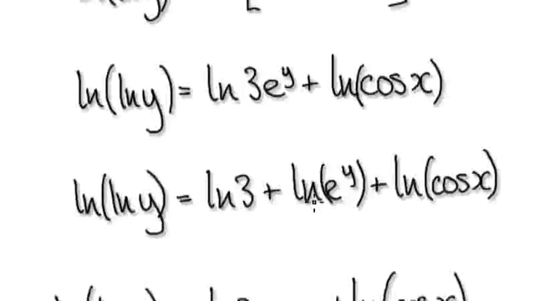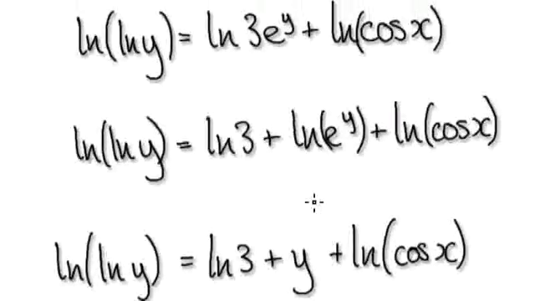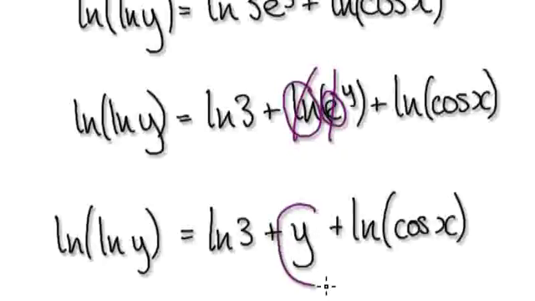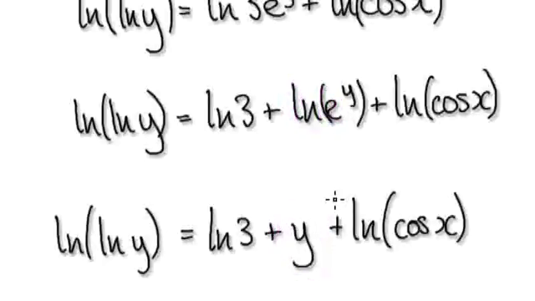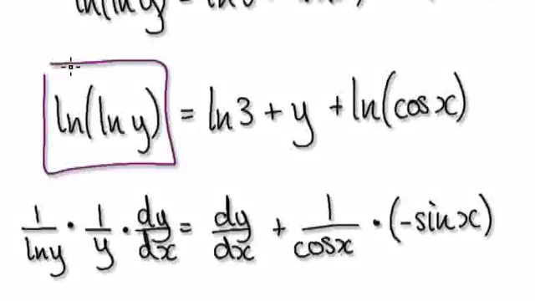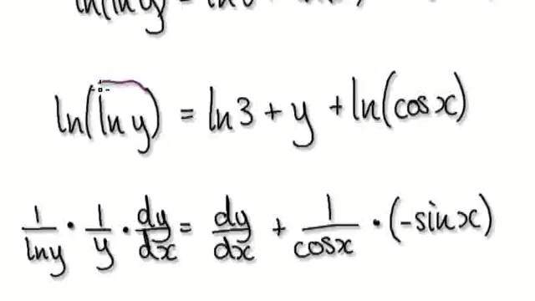This here will give you this, and this will then give you this. Okay, so now hang on. So that will then take us to here, and now you've got a log of e here. These two will kill off each other, giving you y. Okay, and then now differentiate. Well, when you differentiate this here, imagine this as being inside a bubble.